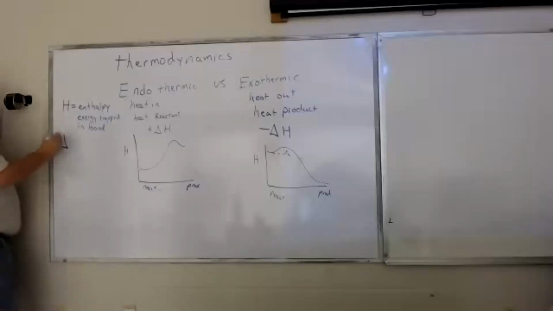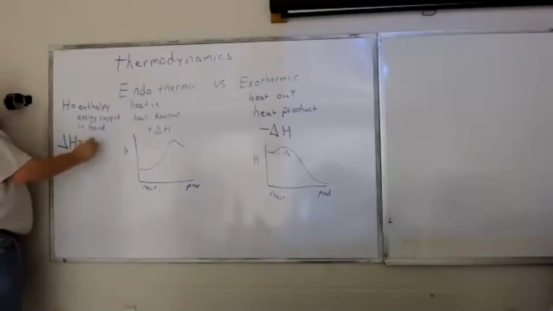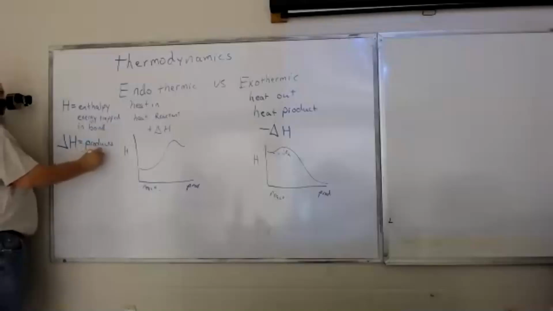So when we see this delta, means change. So here it's going to be the products minus the reactants.